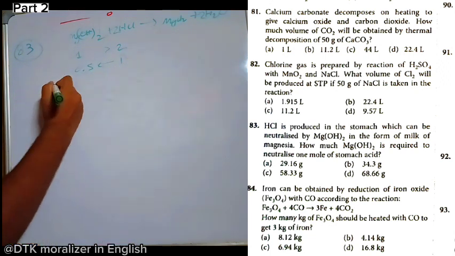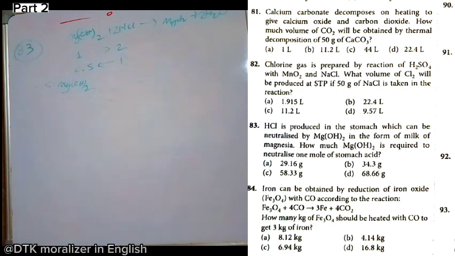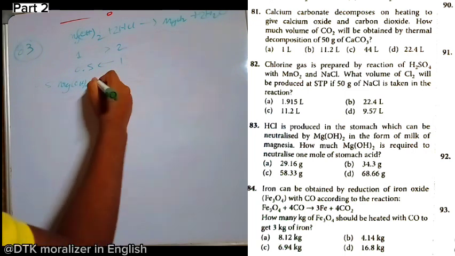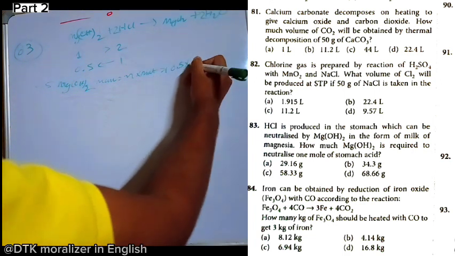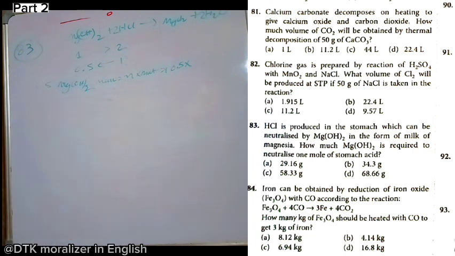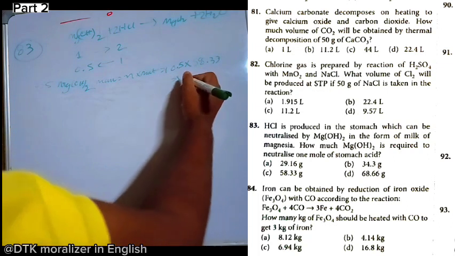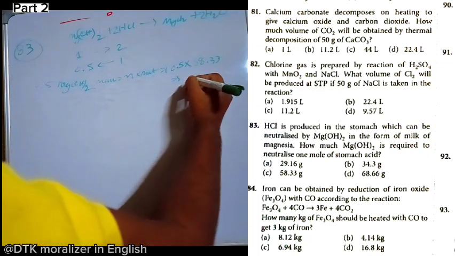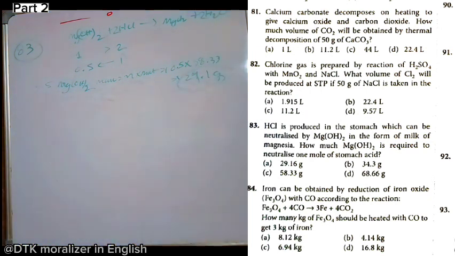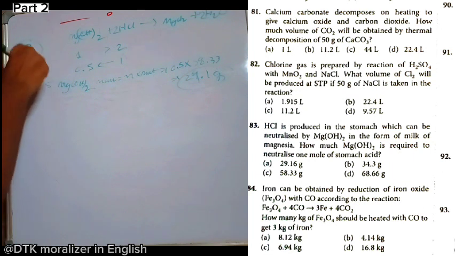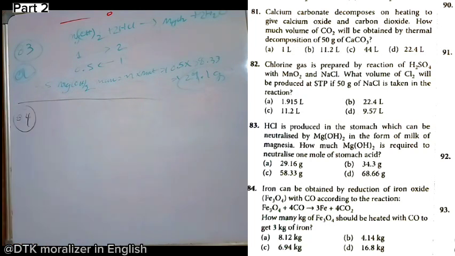So for 1 mole of HCl it reacts with 0.5 mole. So magnesium hydroxide mass is equal to n into molecular weight, which is 0.5 into 58.3, which is equal to 29.1 gram. So option A is right.